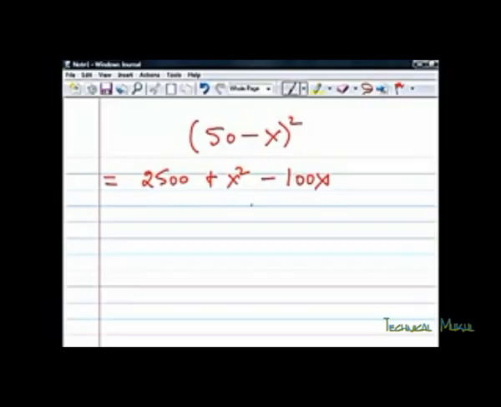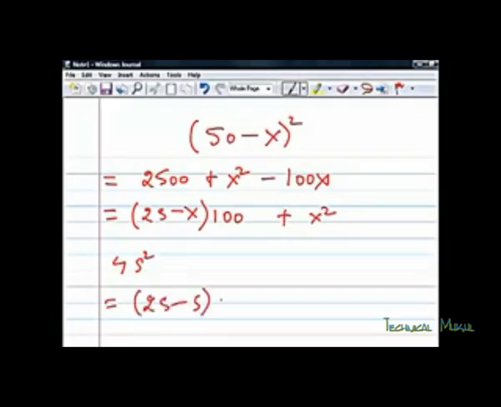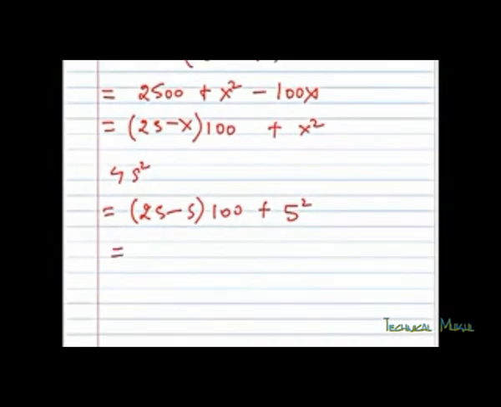Now, this can be again written as (25 minus x) into (100 plus x) square. Now if I have to do 45 square, it's simple. I have to write (25 minus 5) into (100 plus 5) square, which is equal to 25.